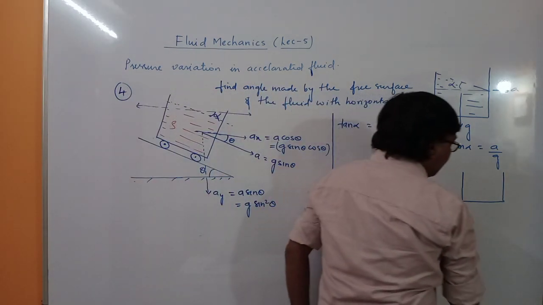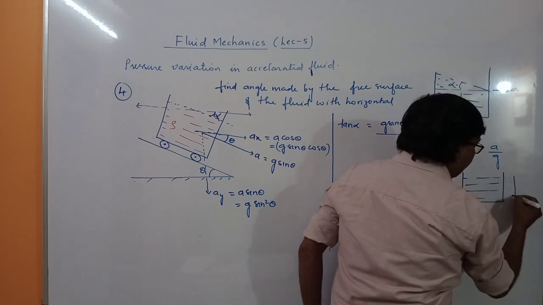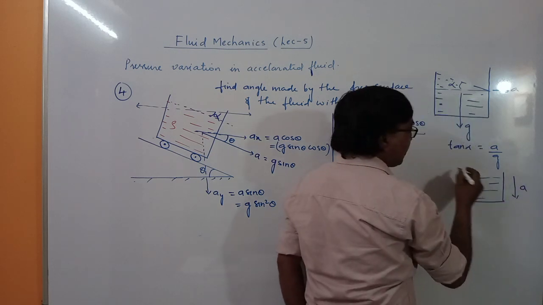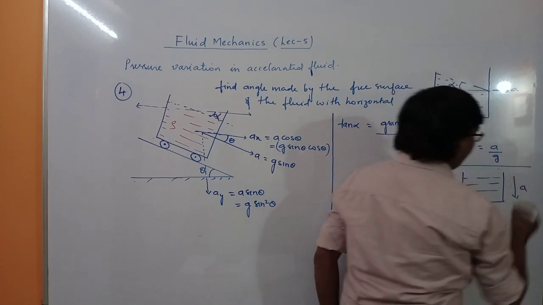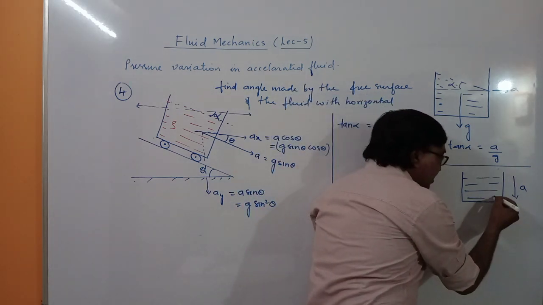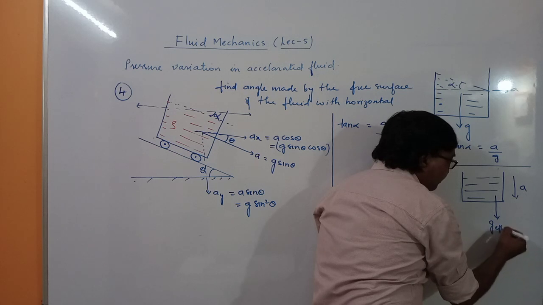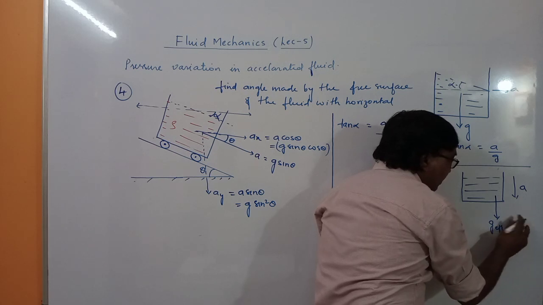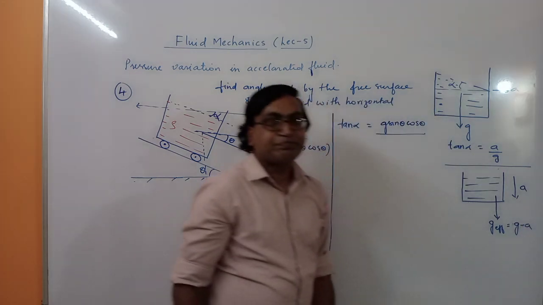So now see here, if this is the fluid and if this fluid is accelerating with acceleration a in the downward direction, then effective acceleration, g effective, was g minus a.